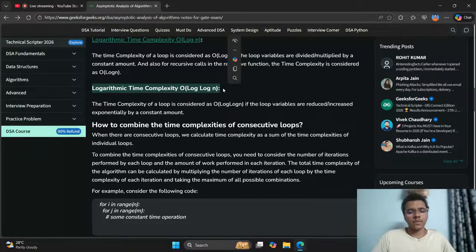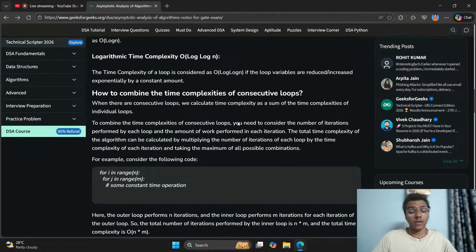Logarithm time complexity, it should be only O of log n, not log n. Okay, wait. There is something called log of log n. The time complexity of a loop is considered as O of log log n if the loop variables are reduced or increased exponentially by a constant amount.